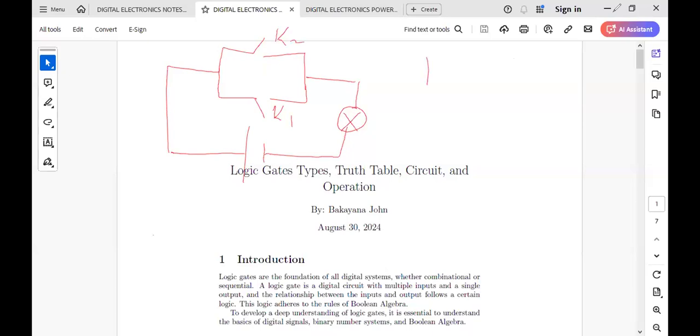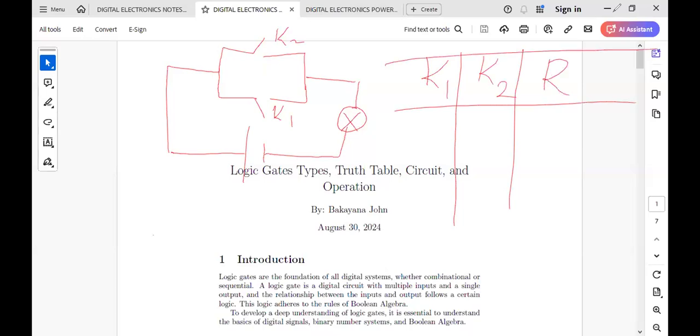I have this one as my K1, I have this one as my K2. And then here I have my result. So we begin with the two switches still, K1 and K2.